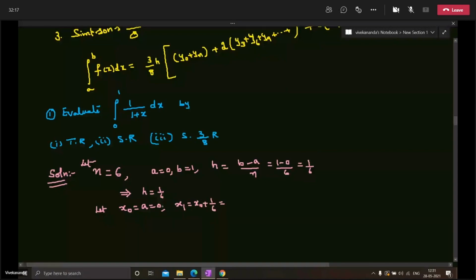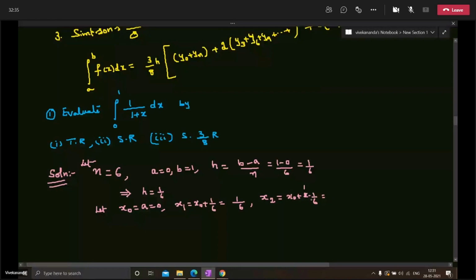x2 equals x naught plus 2 into 1 by 6, that equals 0 plus 1 by 3, which is 1 by 3.